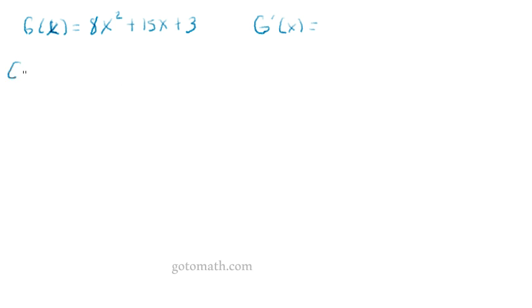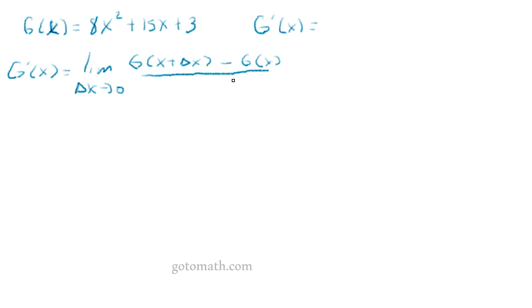Alright. So remember that g prime of x is equal to the limit as delta x approaches 0 of g of x plus delta x minus g of x, and it's all over delta x.